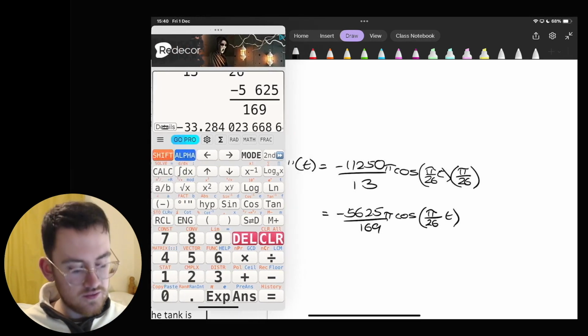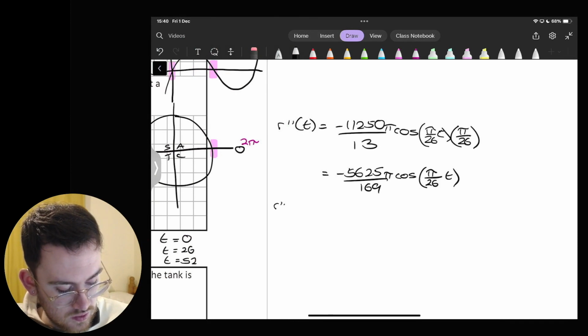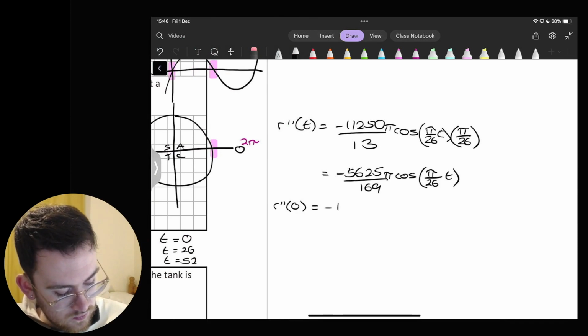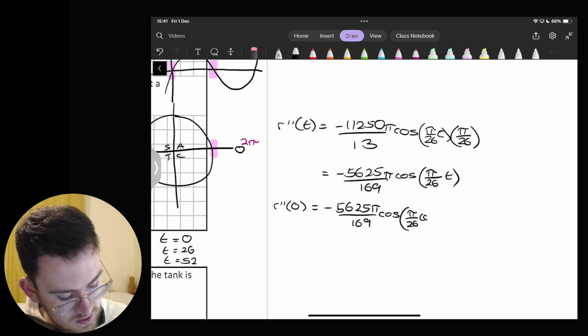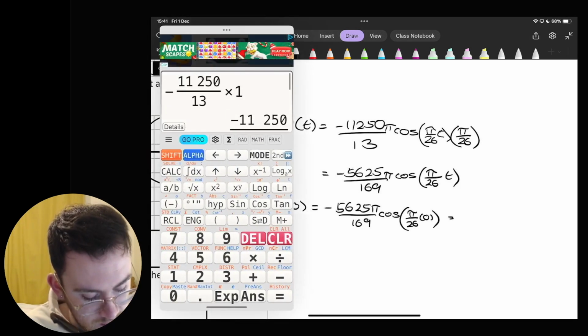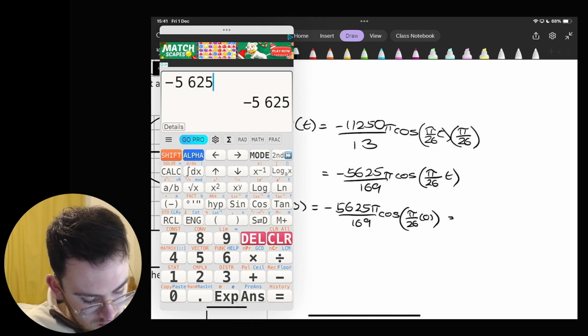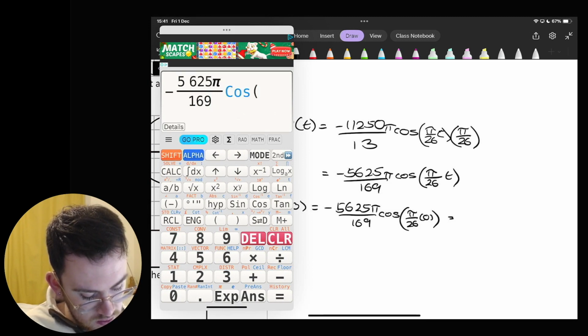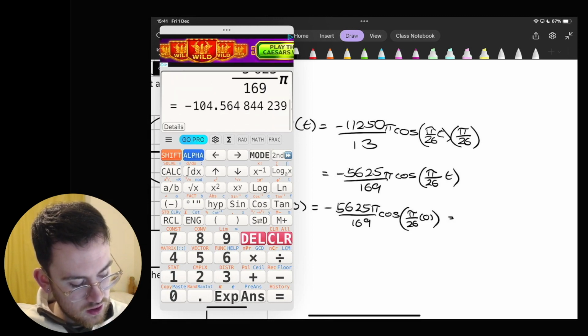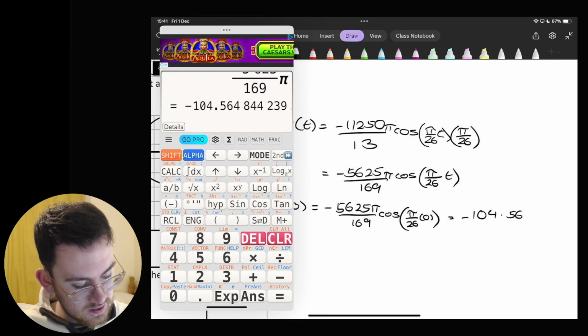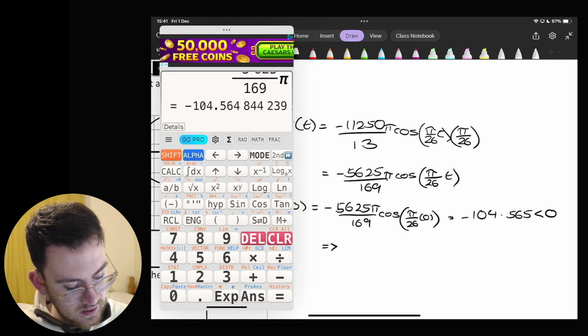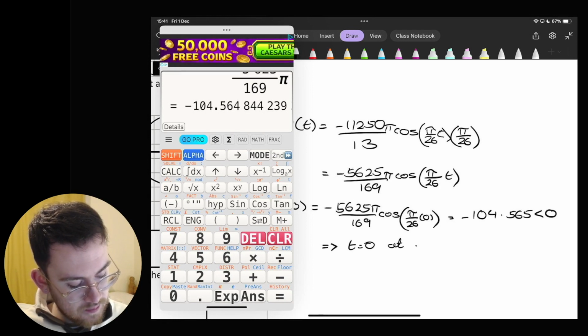Okay, and we want to verify or evaluate that now at our different values. The first value we have is just 0. So minus 5625 pi over 169 cos pi over 26 by 0. Evaluating that gives me an answer of minus 104.565, which is less than 0, which implies t equals 0 is at a maximum.